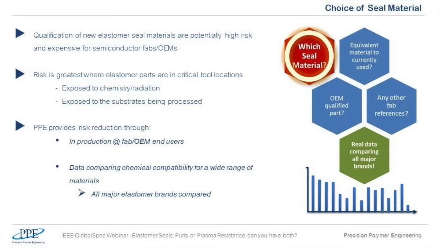Qualification of new elastomer sealing material is always a potentially high risk for semiconductor fabs and also for OEMs. When OEMs develop new semiconductor manufacturing tools, or when they improve their current ones, or when fabs think that their OEM-qualified seal does not fit their purpose, a new elastomer material has to be tested and qualified for the tool and for the application.